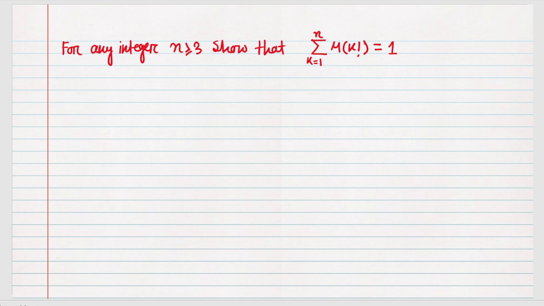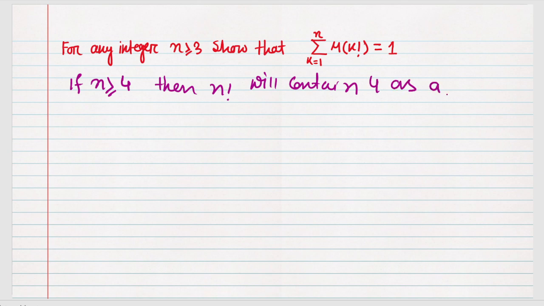That means if n is greater than or equal to 4, then n factorial will contain 4 as a factor. In the case of n greater than or equal to 4, there we have a 4 as a factor.